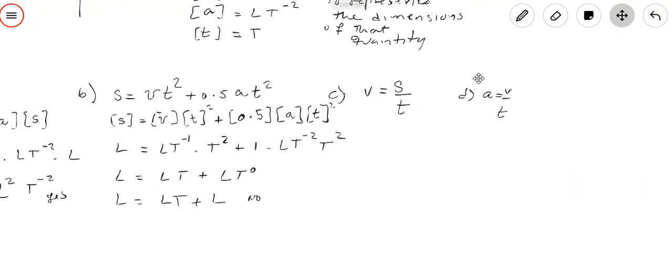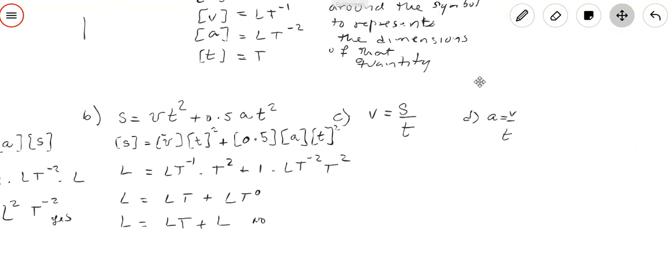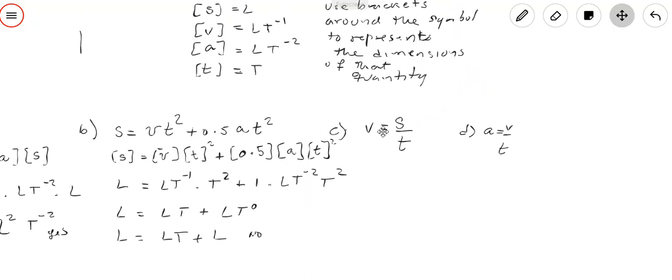Let us analyze this other case. We have now here v equals s over t. So which are the units of velocity? L T to the negative 1 equals, which are the units of distance?